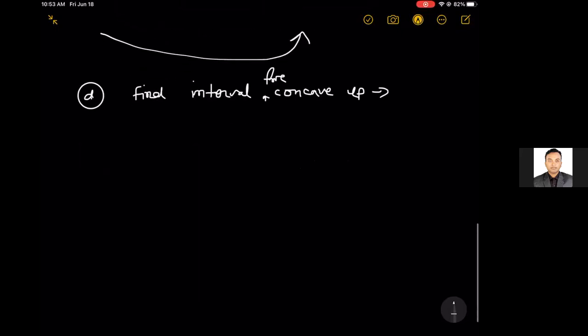So for finding where it's concave up, what's the first thing we need to do? Anyone? Find where the second derivative is positive. In other words, we want to find the second derivative first, right?